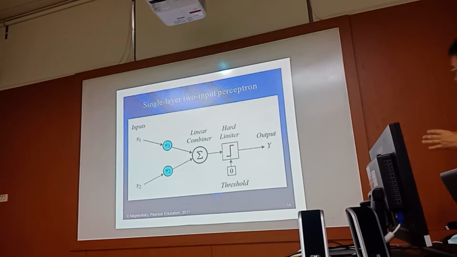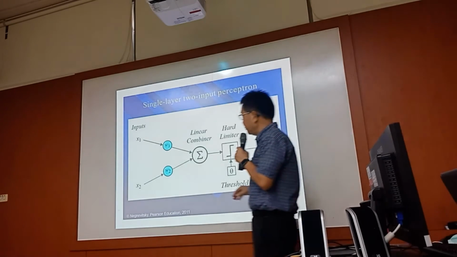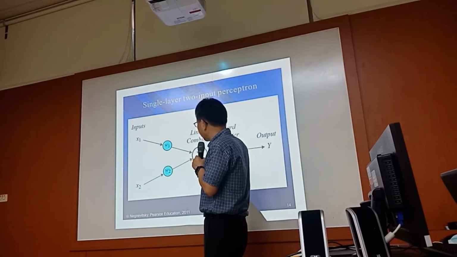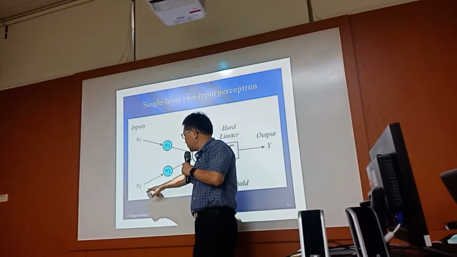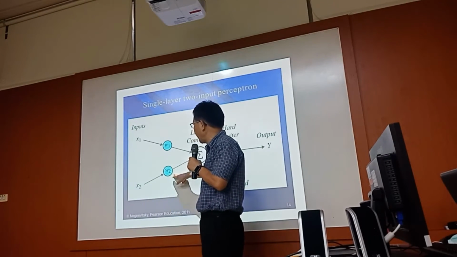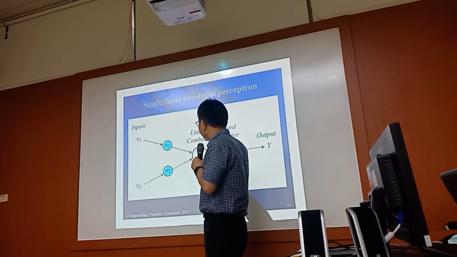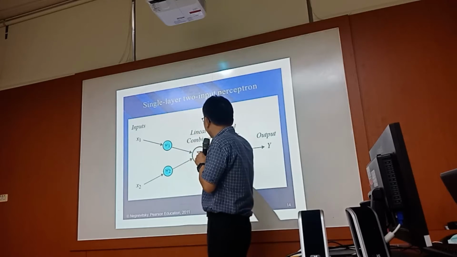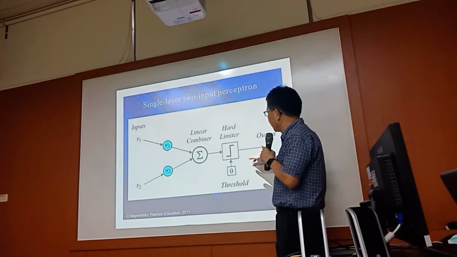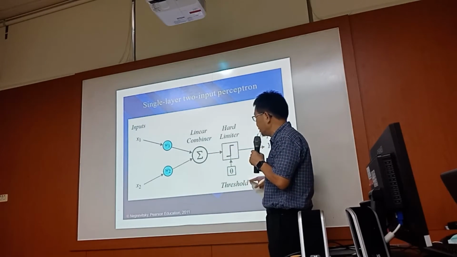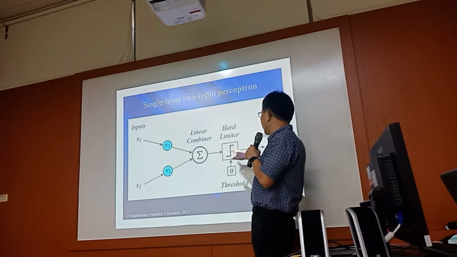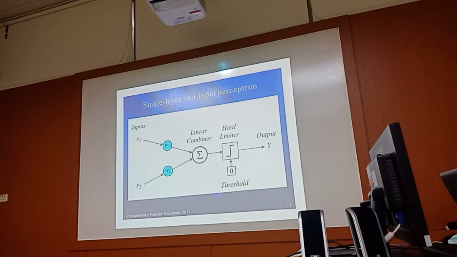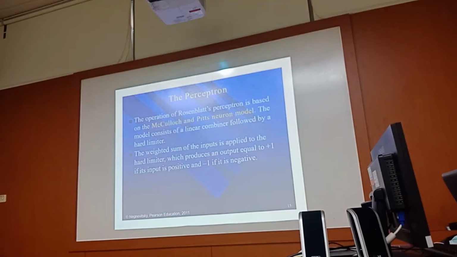The neural network model is like this. Input multiplies weight, and S2 multiplies weight, and then we sum them, combine them, and then have a threshold here, check whether it passes the threshold or not, to decide output or no output.